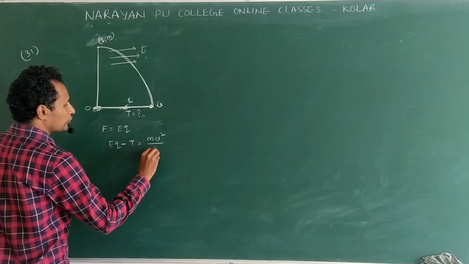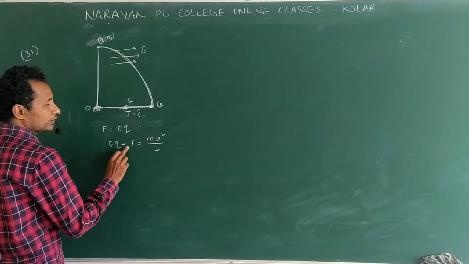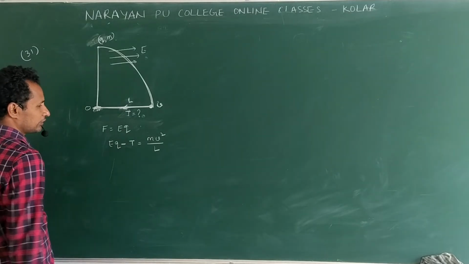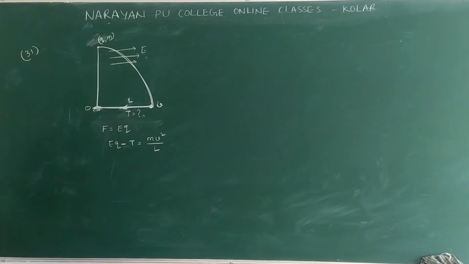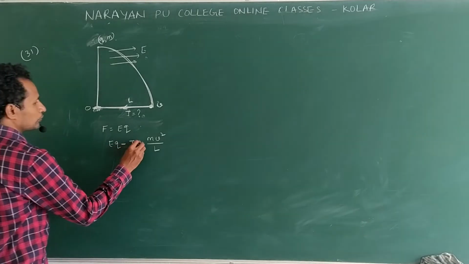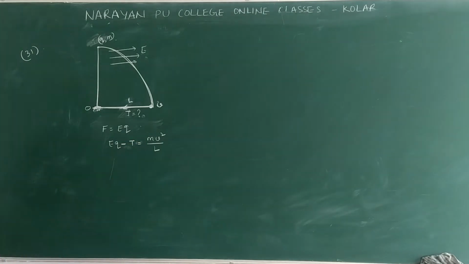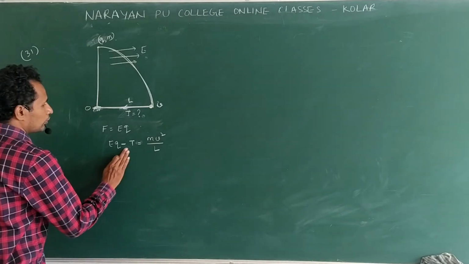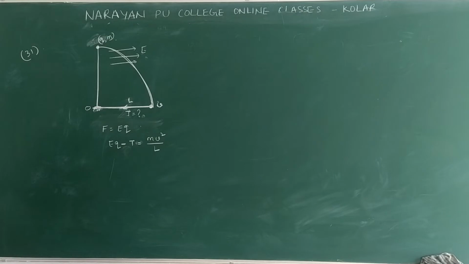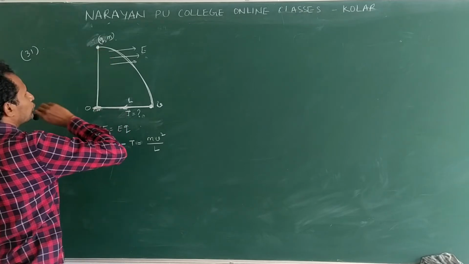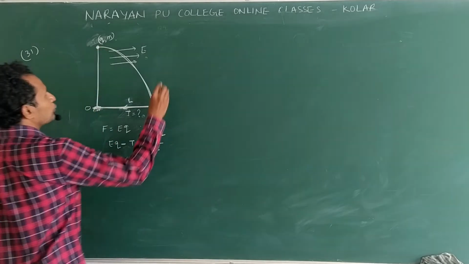L. So mv square by L. Now we need to find the tension T. Come to this point. Here it experiences electric force, which provides the centripetal force.